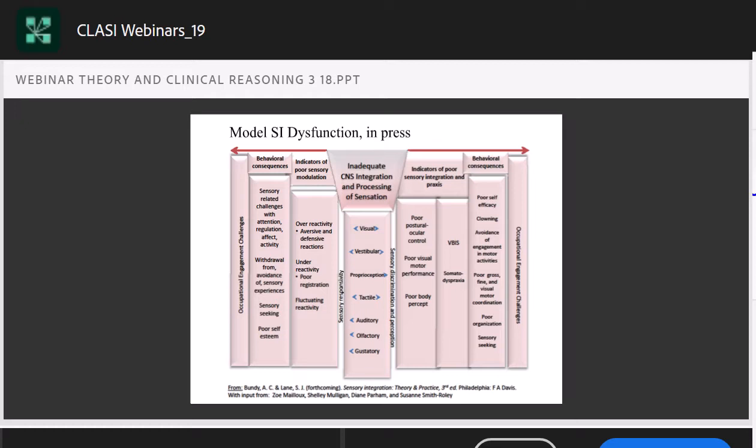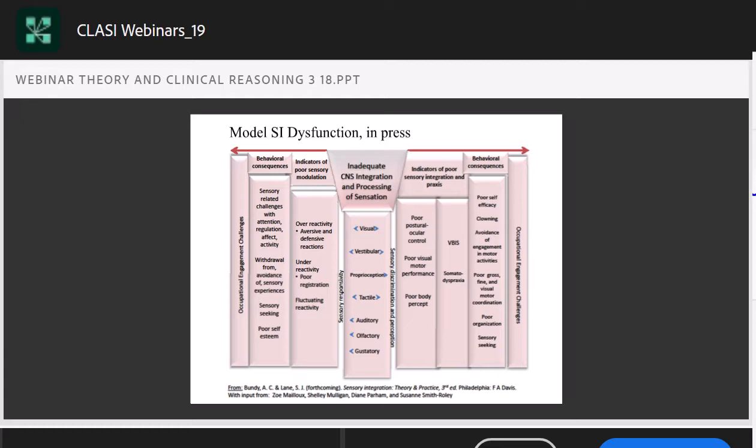And here you see a model that's put together by Anita Bundy and Shelley Lane, and you'll see that many of us contributed to that. And this will be published, or something quite similar, I don't know if they've made any minor revisions, in the third edition to the Sensory Integration Theory and Practice book.